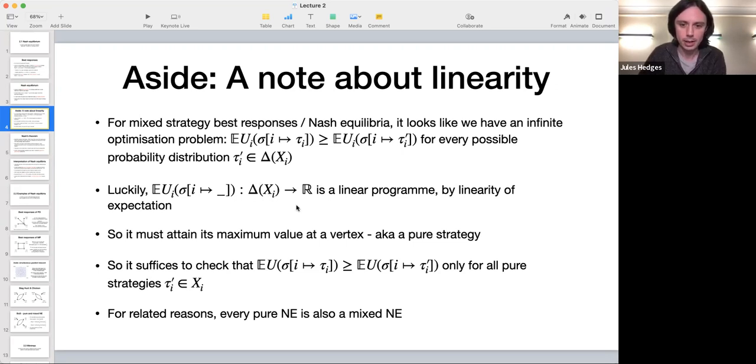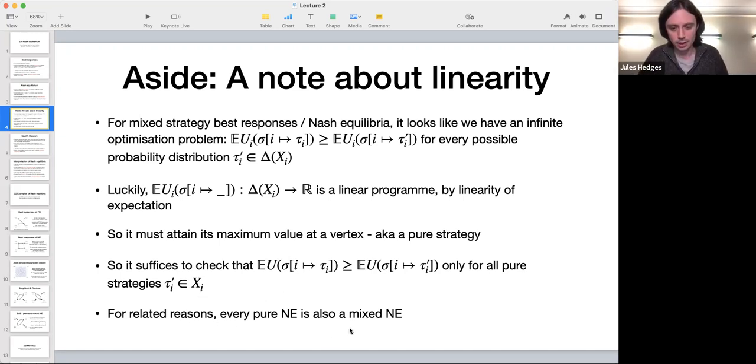So in order to be a mixed best response, it is enough that the payoff is higher than every pure strategy. Here tau_i is a mixed strategy, but tau prime_i is varying only over the pure strategies, and this is enough by linearity for this to also be a maximum over all mixed strategies.